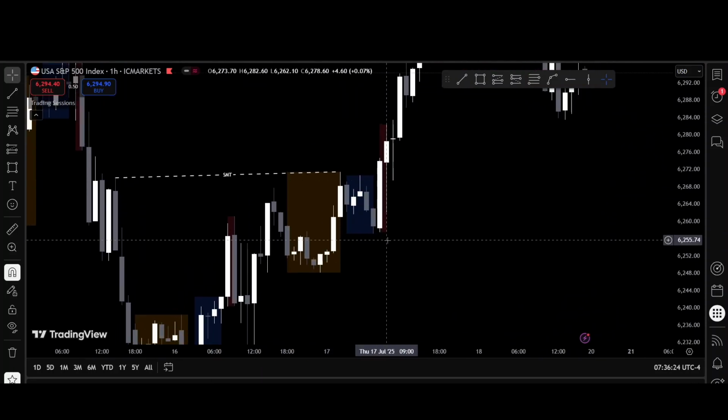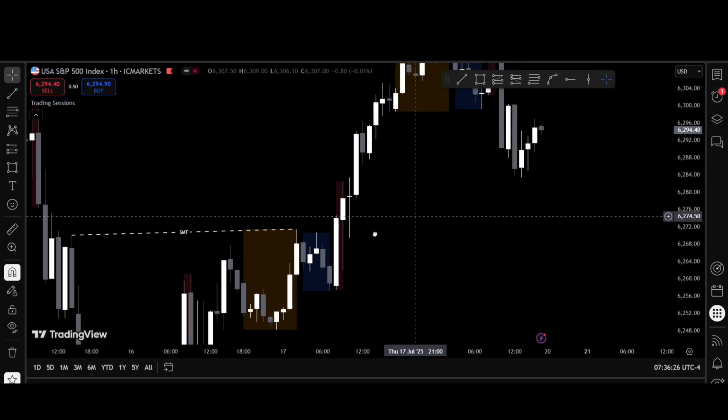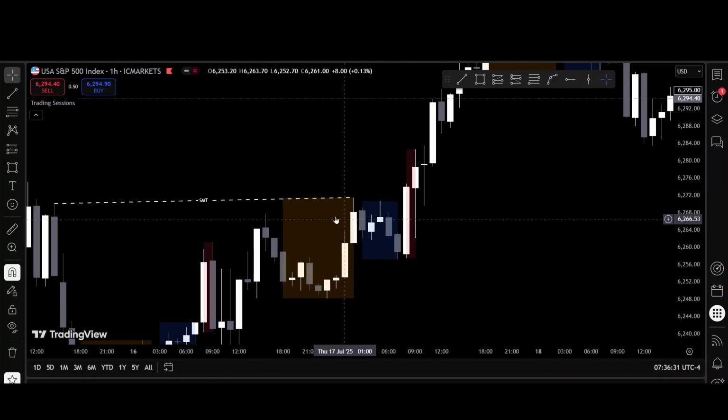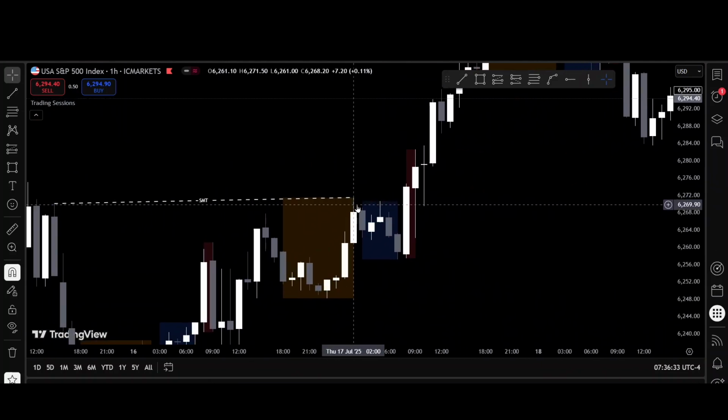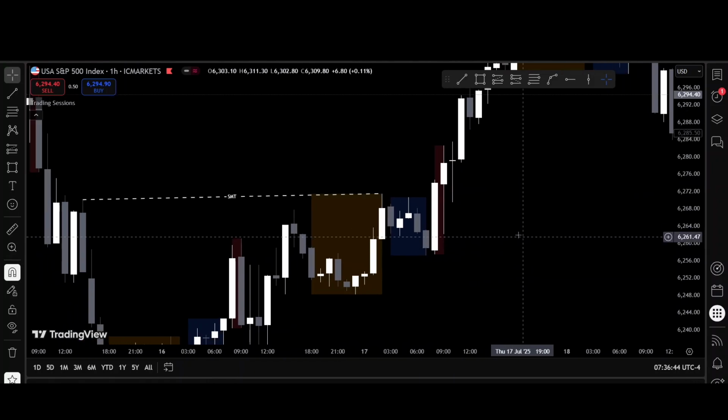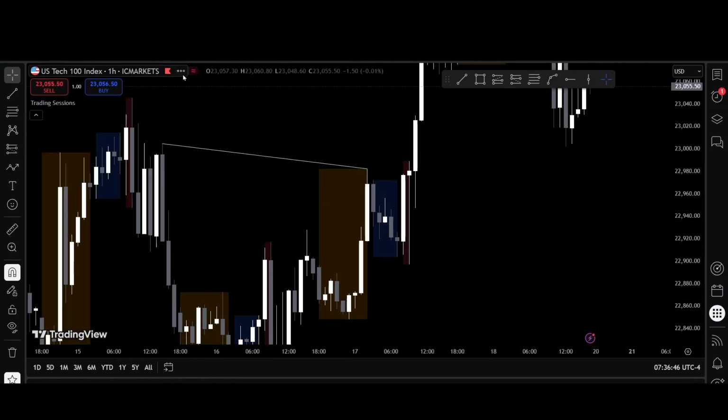We did go down, but that's not the move I want to catch. I want to be catching this move because I trade New York session. This SMT happened during Asia session close into London session open, which is right here. Don't care about the time, man. It's just not the time I trade. That's what I'm trying to say.